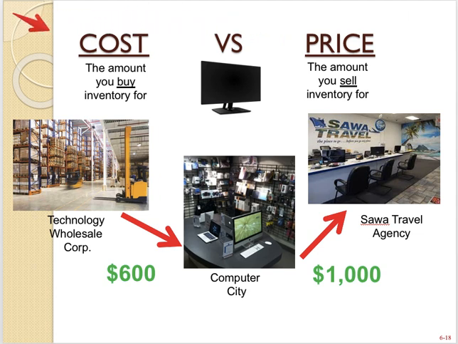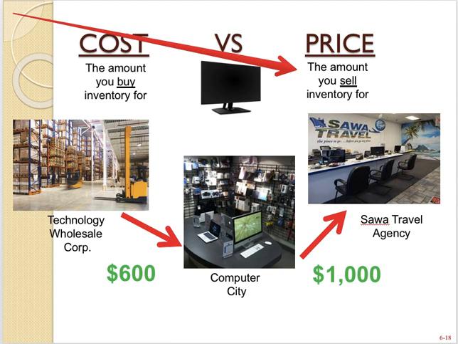The term cost means the amount you buy inventory for. Separately is price, which is the amount you sell the inventory for. Now, for you and I, we don't really sell stuff, right? Unless, I guess you could kind of sell something to your friends or sell something at a garage sale or on eBay.